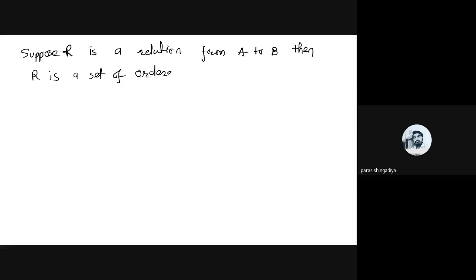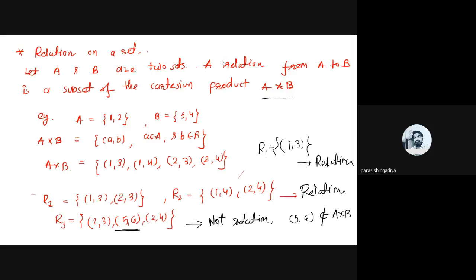Suppose R is a relation from A to B. Then R is a set of ordered pairs (a, b), where a belongs to A and b belongs to B. If R is a relation from A to B, then R includes a set of ordered pairs.